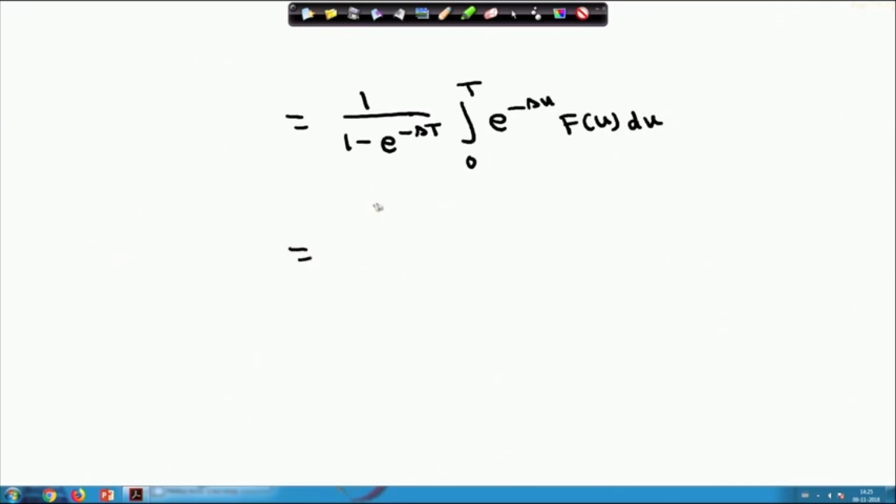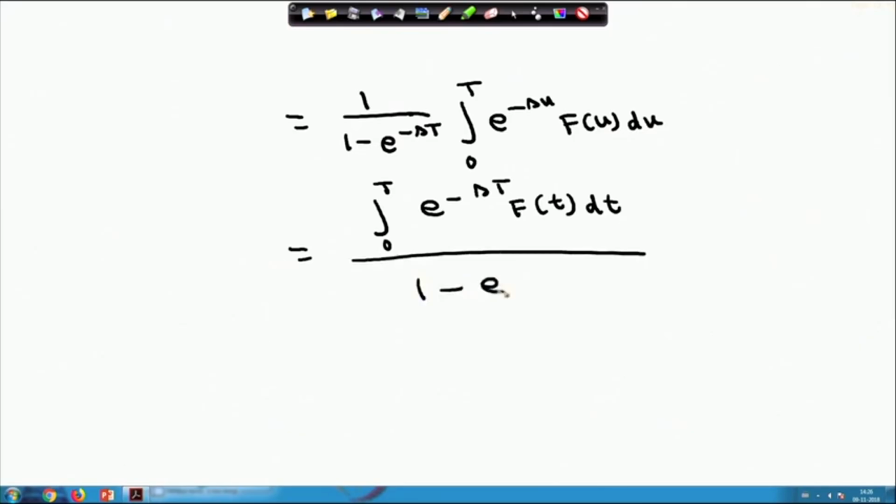Or in other words, the same integral I can write as 0 to T e power minus st into f(t) dt by 1 minus e power minus sT. So once I do this, it completes the proof of my theorem.